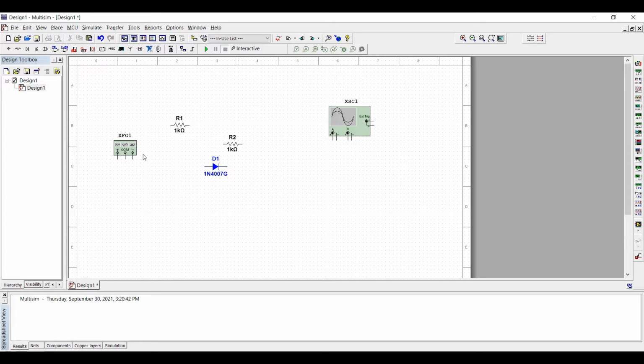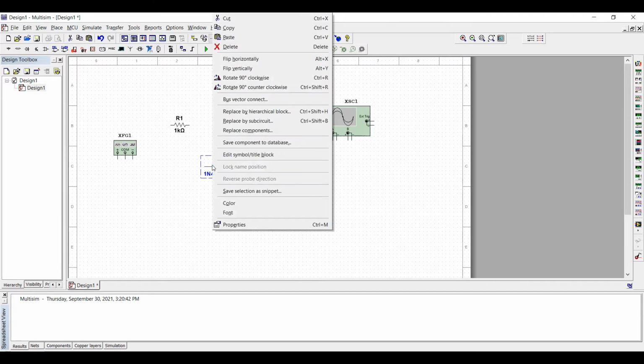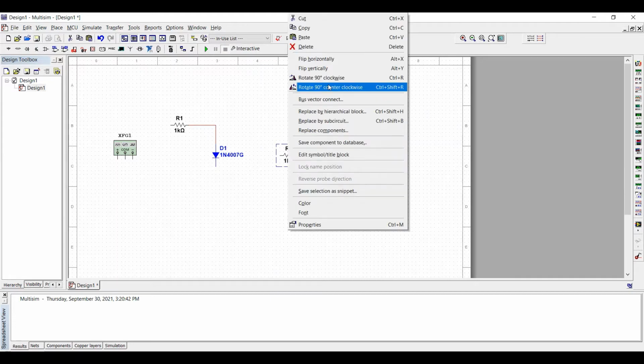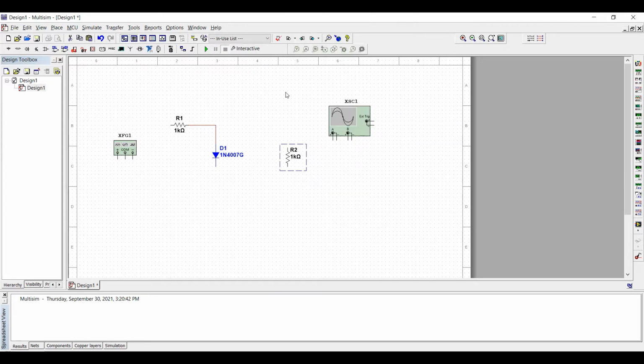Now we have to adjust these components to make it work as a clipper circuit. So I'll be just rotating it. So right click, rotate 90 degrees, take it a little up, do the connection. Similarly, your resistor R2, rotate 90 degrees, adjust it.